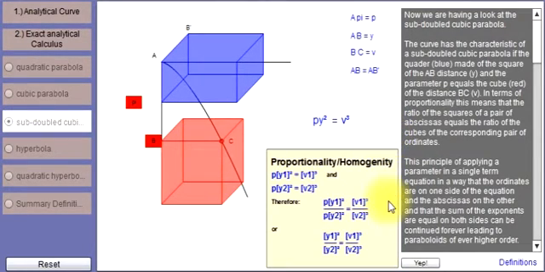And if you go through the rearrangement of the proportions, you can again say that p times y1 squared divided by p times y2 squared is equal to the proportion of the ordinates v1, v2, and all of that to the cube.